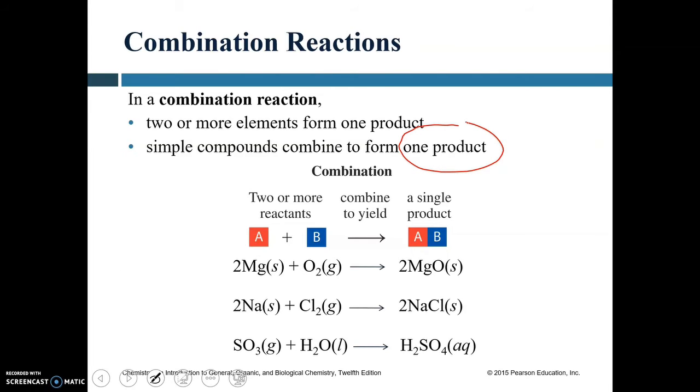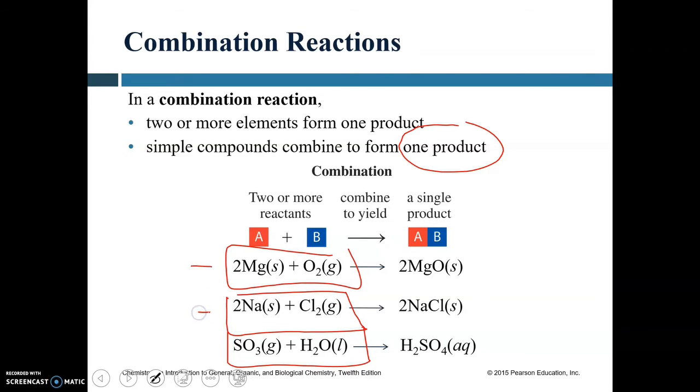So here are some examples of the combination reactions. In each of these examples you have 2 original elements or compounds. Here you have 2 elements, and in this one you have 2 compounds, and they form one product: magnesium oxide, sodium chloride, or sulfuric acid in this case.